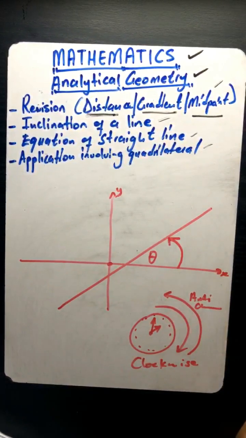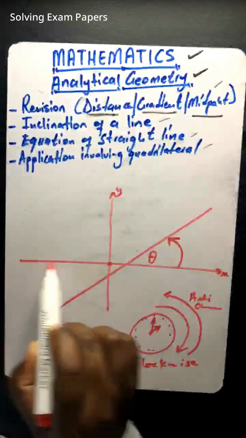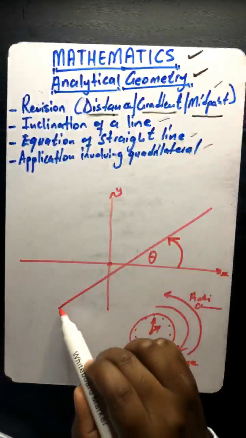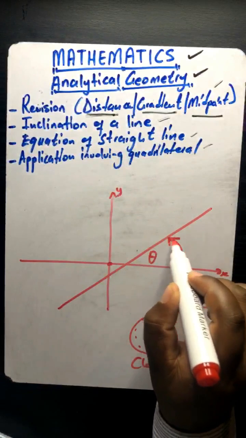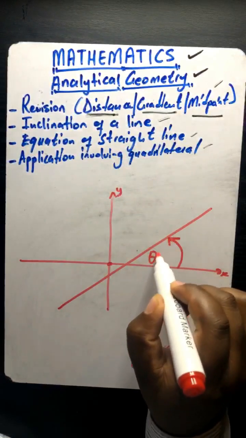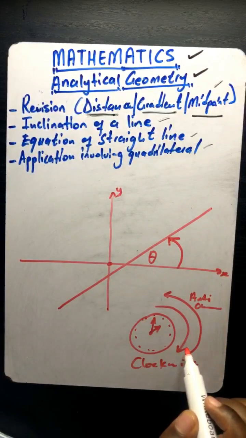I'm pretty sure that you guys have been hearing people saying angle of inclination, and it doesn't really make sense where that comes from. It comes from this horizontal line and the line of inclination. In this anti-clockwise direction, this angle formed is called angle of inclination.